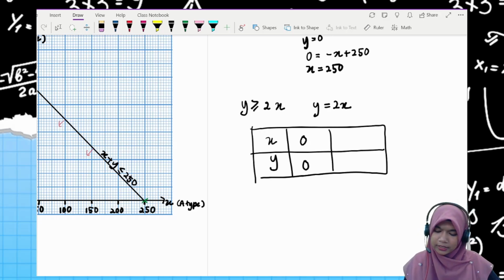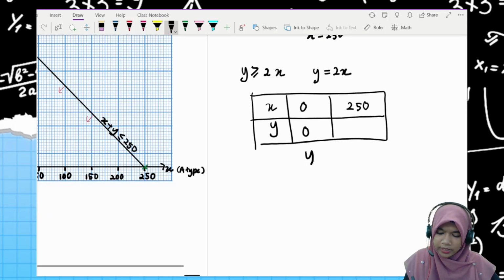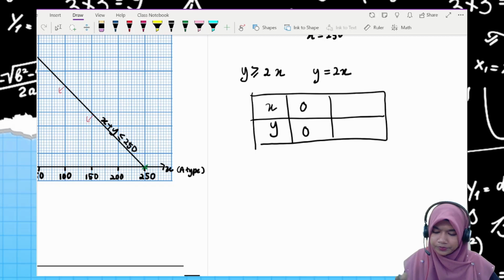And then you try 250. When x equals 250, what is the value of y? y equals 2 times 250. Oh, this cannot work either, sorry. When y equals 250, what is the value of x?